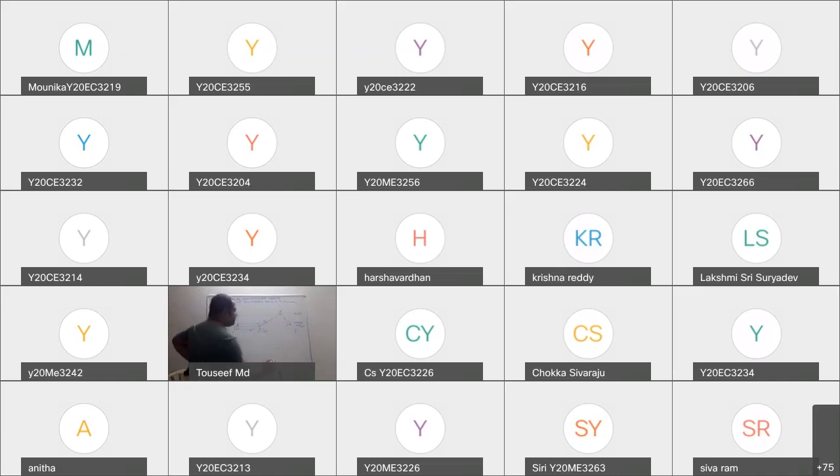Now, if you draw the vertical projector from here and extend this line to some extent, that point becomes B2.